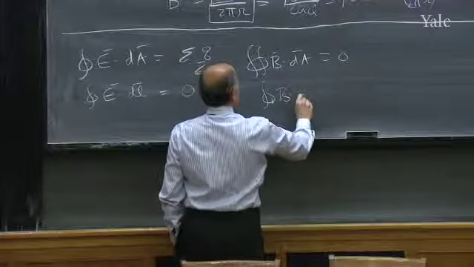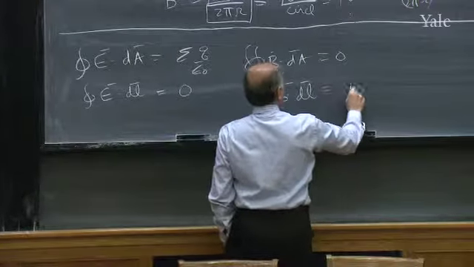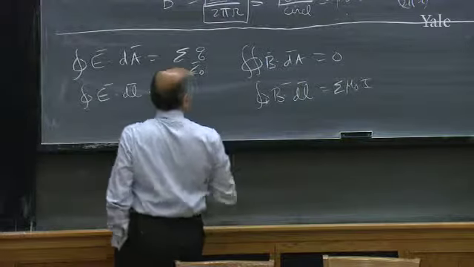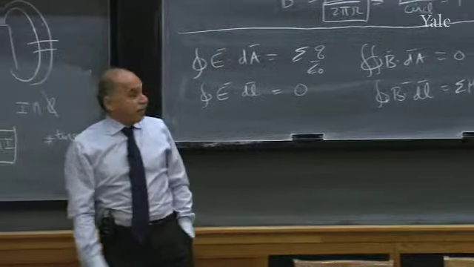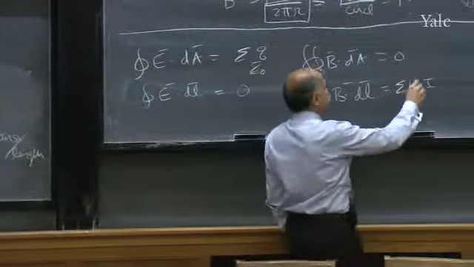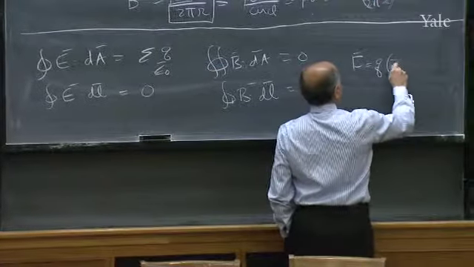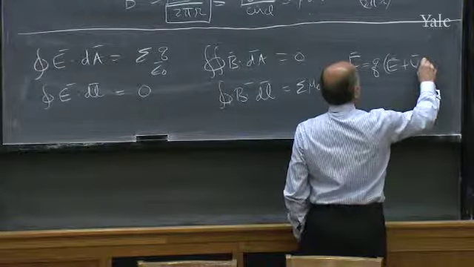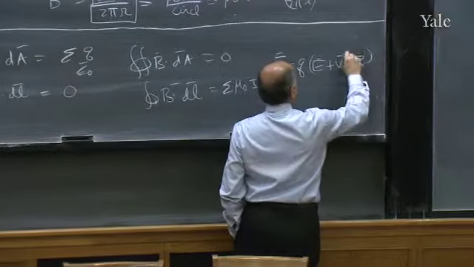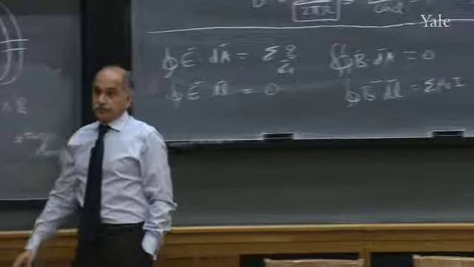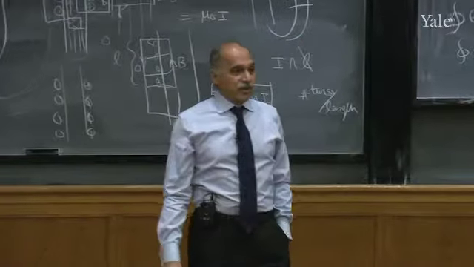The line integral of the magnetic field is mu 0 times all the current inside. That's it. And the force, after all, who cares about E and B except for this great equation, which tells you that if a charged particle goes into a region with electric and magnetic fields, this will be the force acting on them. That's very important. That's why we care about E and B, because they make things happen.